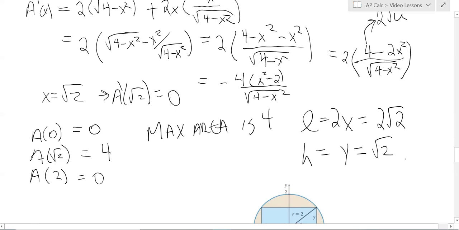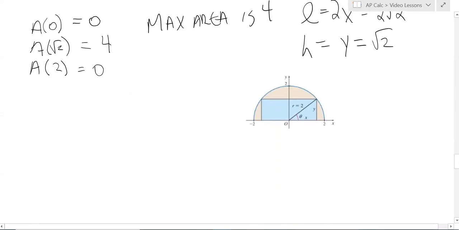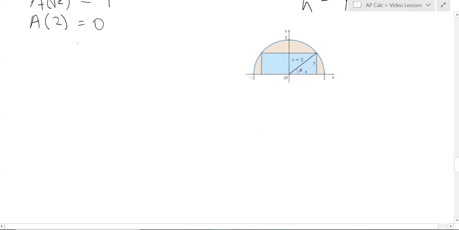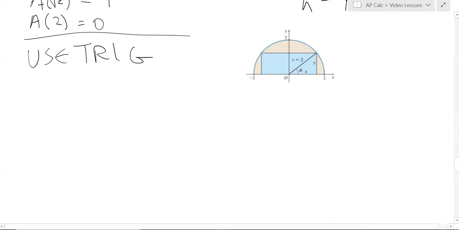Okay. All right. So let's look at the other way to do this using trig. Okay. So we have the same picture here essentially, but we're going to draw a radius of 2 across that triangle or rectangle there and put the angle theta in standard position, as you can see in the picture there.